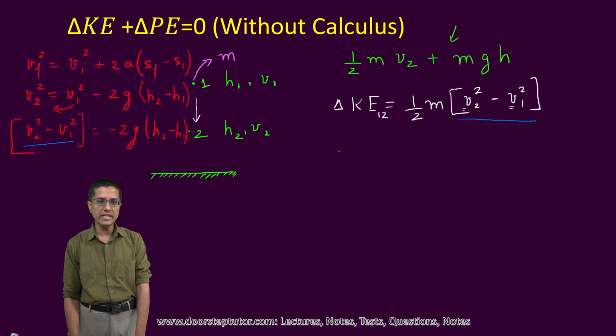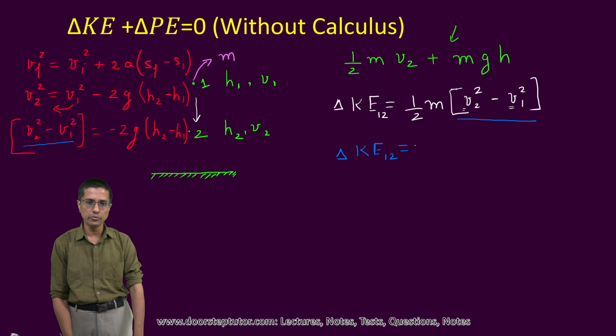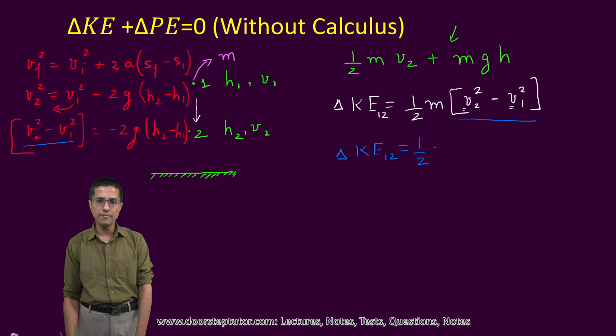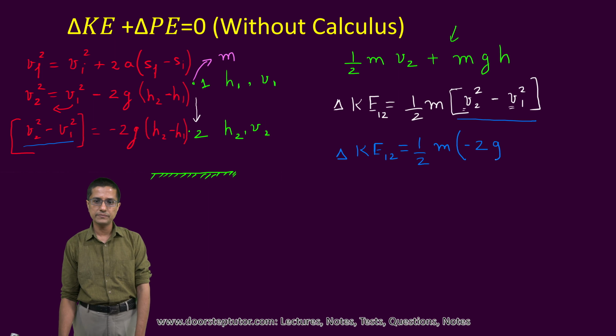Now these two quantities, V2 squared minus V1 squared, appear here also. So we can simply do some substitution, and then delta KE 1→2, when the body moves from 1 to 2, is equal to half m times V2 squared minus V1 squared. I'll replace it with minus 2g times (H2 minus H1).